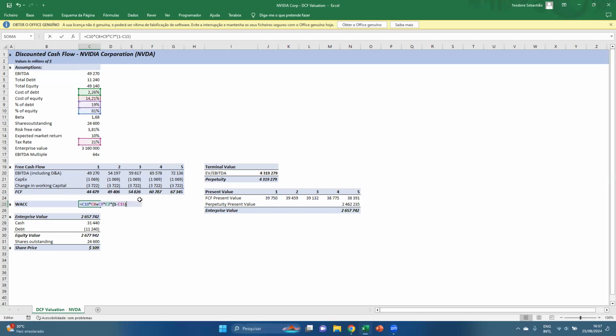That is the cost that we have investing our capital, basically.